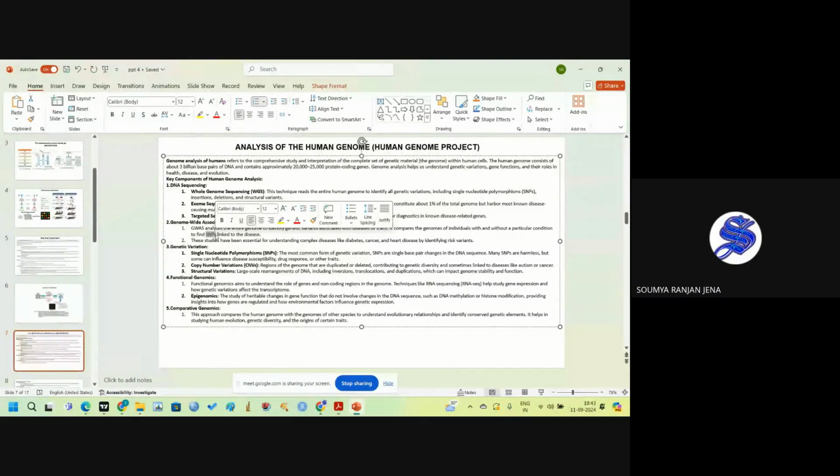And these studies have been essential for understanding complex diseases, like we have previously discussed about the lifestyle diseases. One is diabetes, which is very dangerous and fatal in nature, a slow poison.